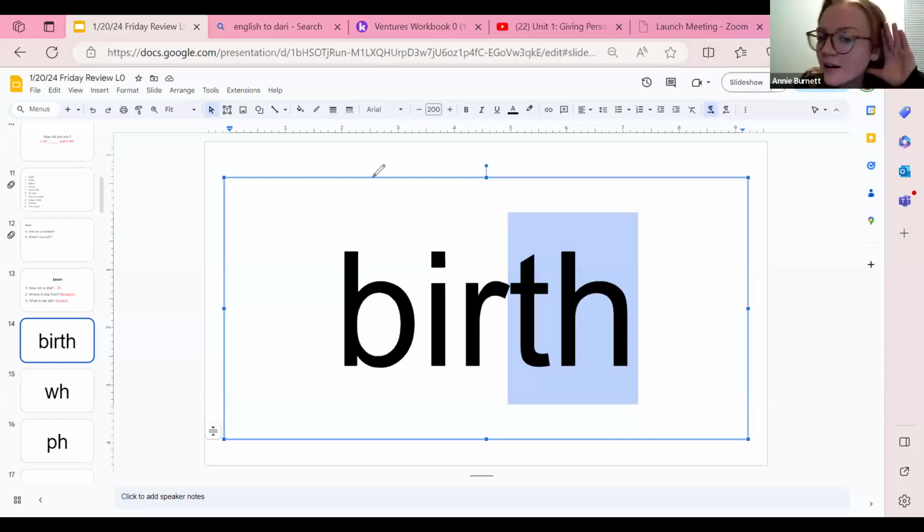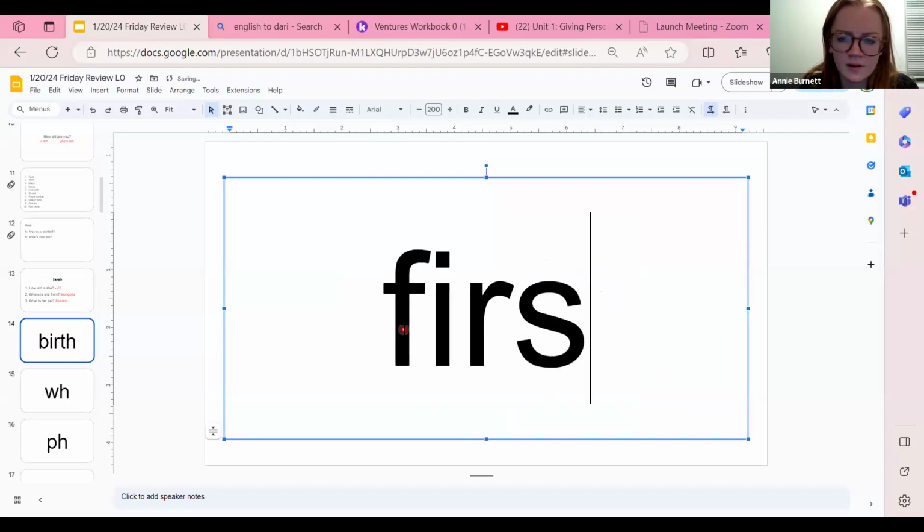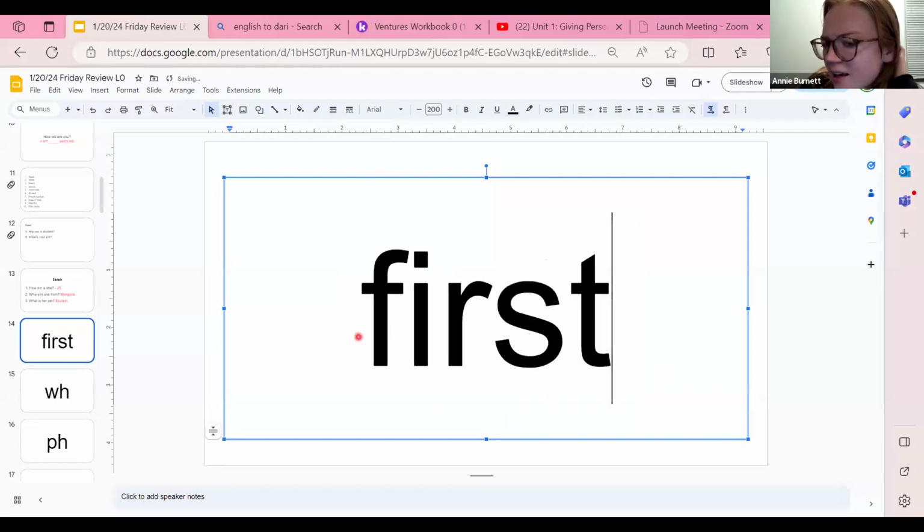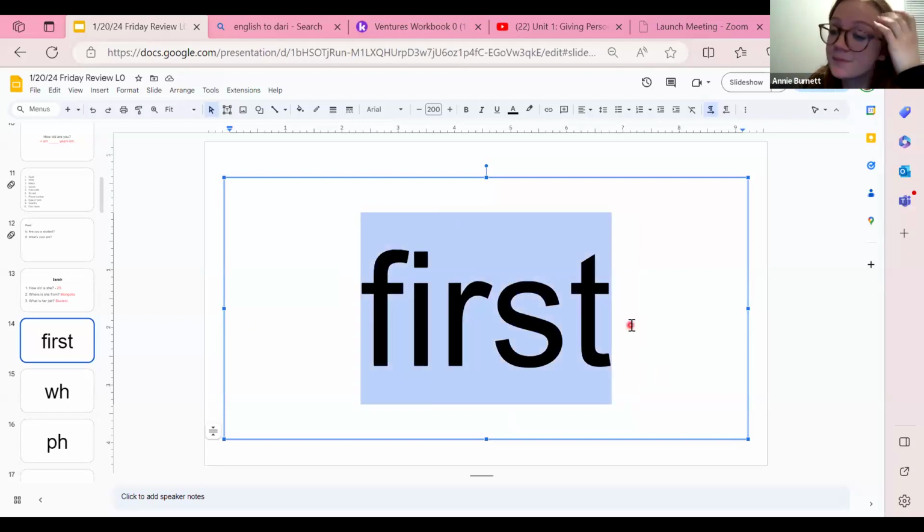Let's look here. What does this say? Birth. What about this one? What does this say? Er, first.